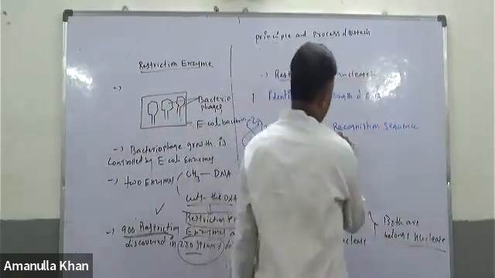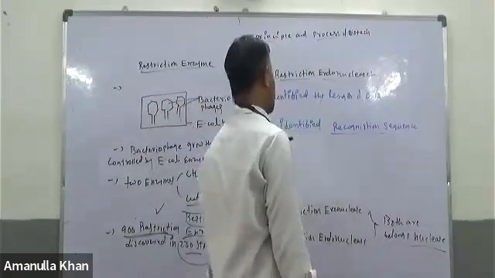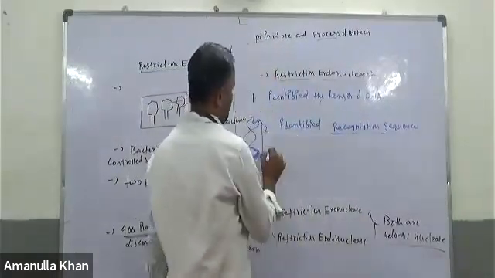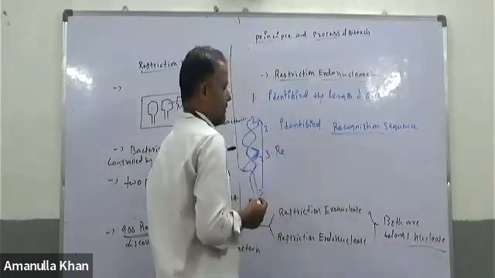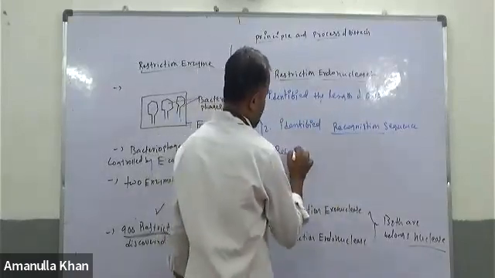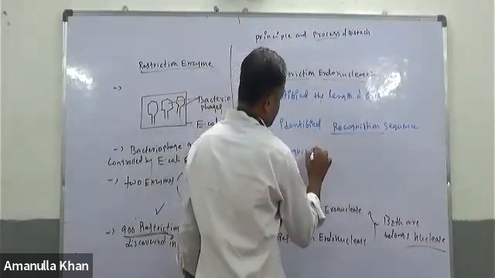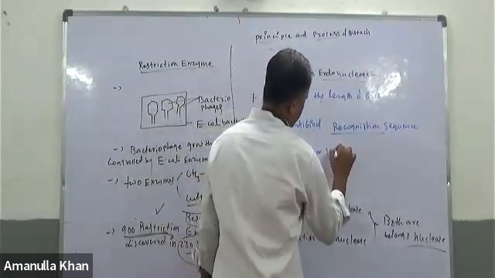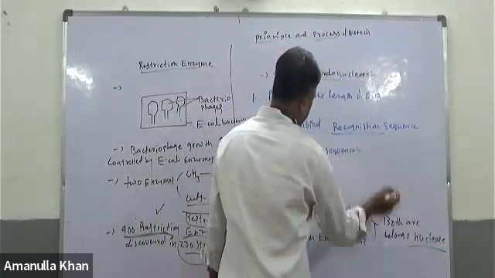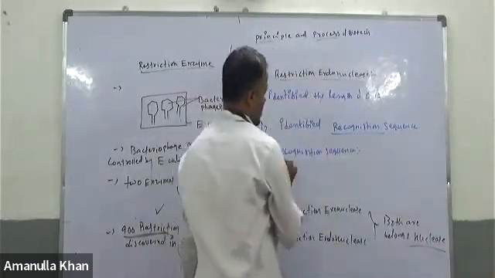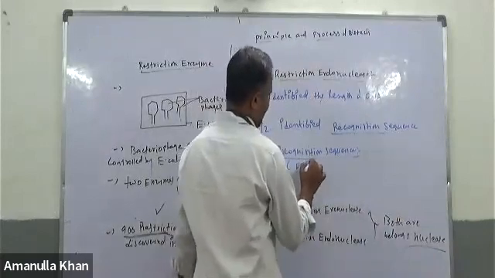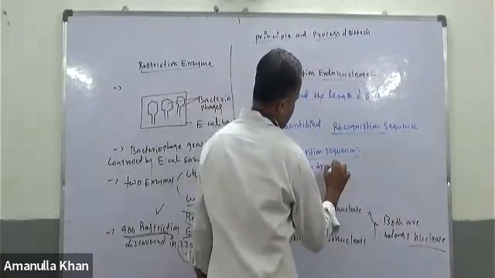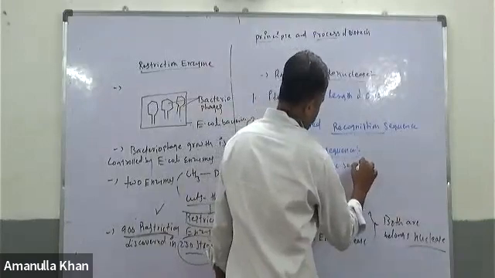Now what is the recognition sequence? Recognition sequence is nothing but a palindromic sequence. Recognition sequence, nothing but palindromic sequence, is important for 2 marks also.